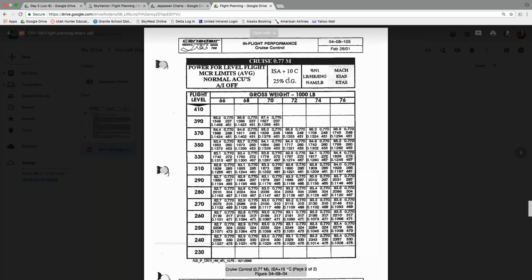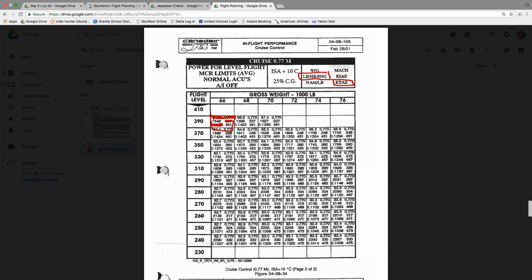So 66,000 pounds, ISA plus 10, 39,000 feet. We're just going to use this box right here. What numbers are we concerned with en route? We only care about pounds per hour per engine and true airspeed, those two numbers right there.